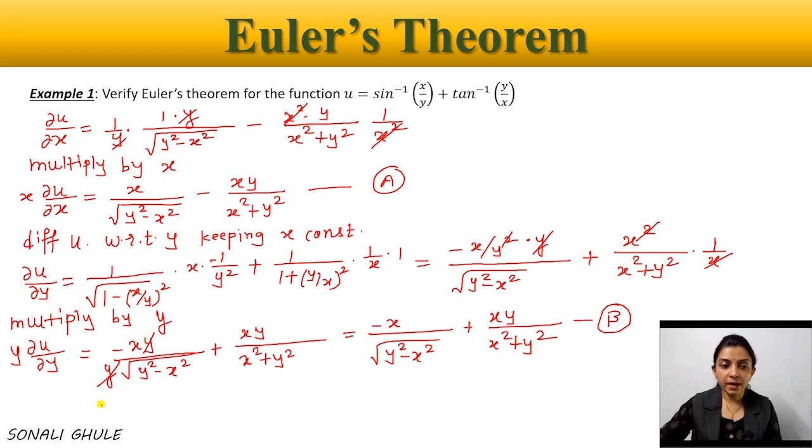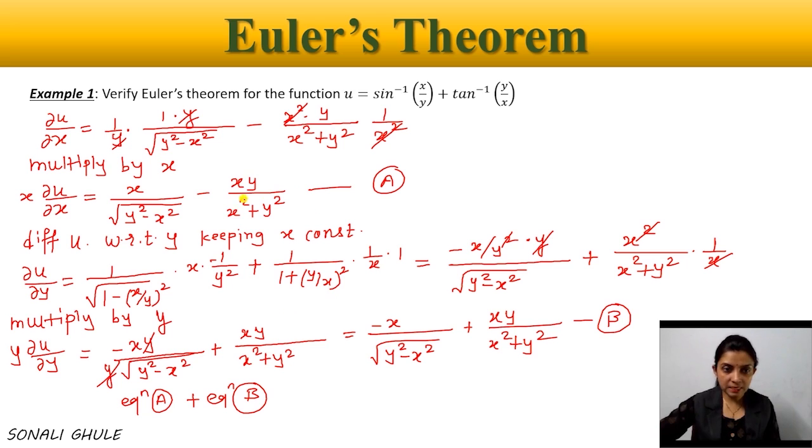So when I do the addition of these two equations, what happens? When I add equation A plus equation B, this is our equation A, you can check, and this is our equation B. When I add this term and this term, both are the same but have opposite signs, so they are going to cancel.